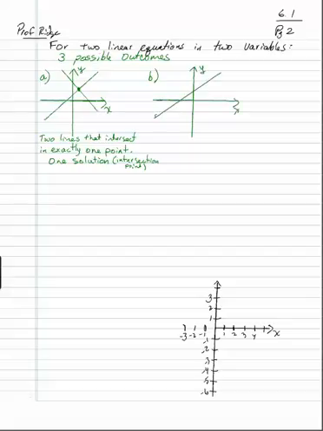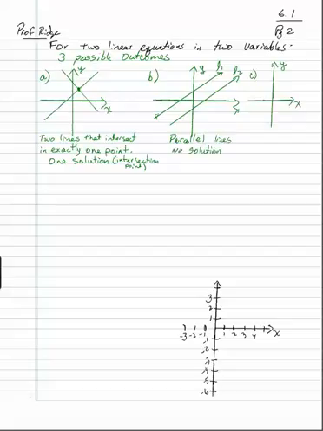So if we get line 1 and line 2, and they don't intersect, that would be no solution.